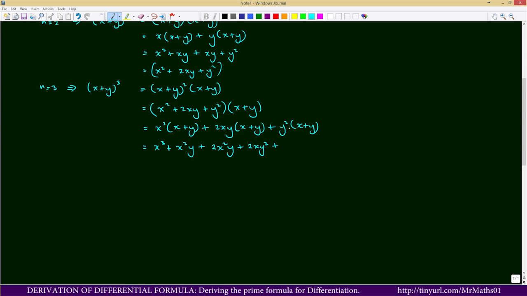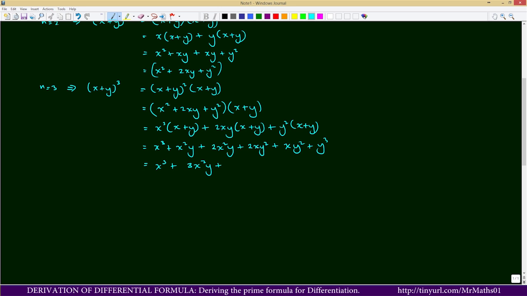And the last expression, y squared with x, we have xy squared, plus y squared with y, then y cubed. So we add up all the like terms: first is x cubed, plus x squared y plus 2x squared y, that is 3x squared y.